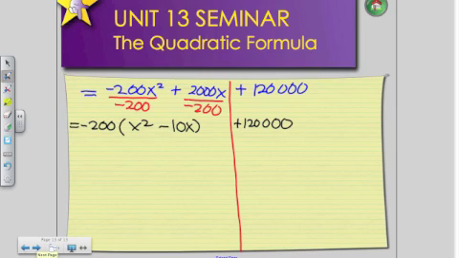120,000 on the side. Now that I've got rid of that negative 200, I know that my B value is negative 10. So B divided by 2 is negative 10 divided by 2, or negative 5. B divided by 2 squared is negative 5 squared, which is positive 25.